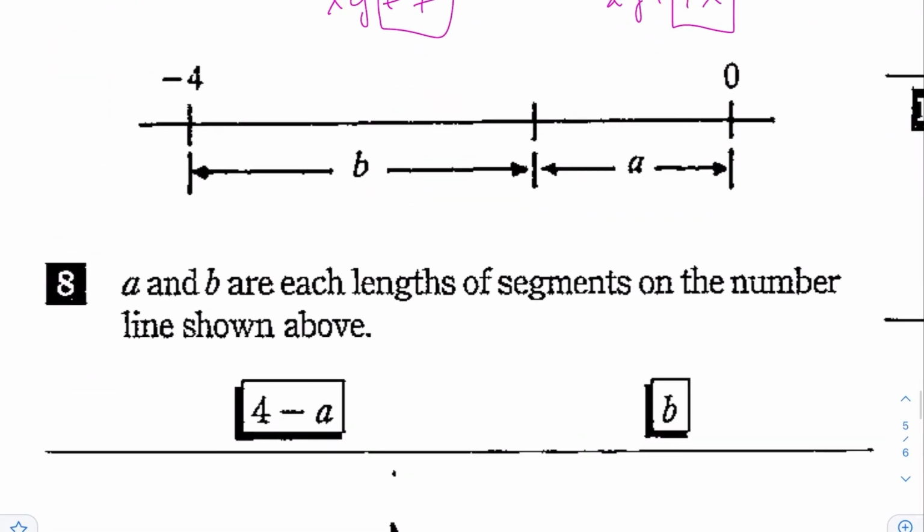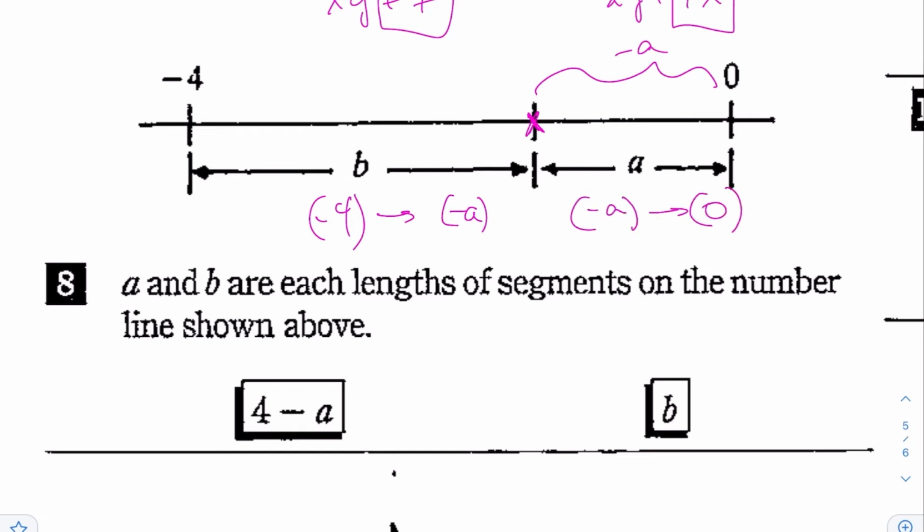Next for number 8, A and B are each lengths of the segments on the number line shown above. So you have B is from negative 4 to this point here. And this point is from the distance to the 0. So this distance here will be negative A, and B will be from negative 4 to negative A, whatever this distance is.